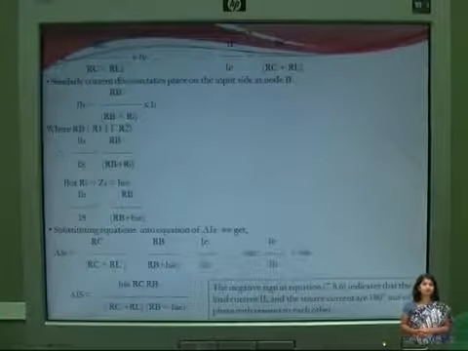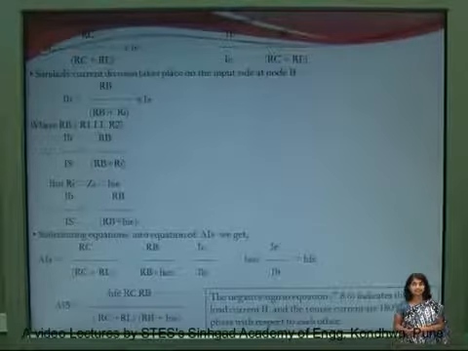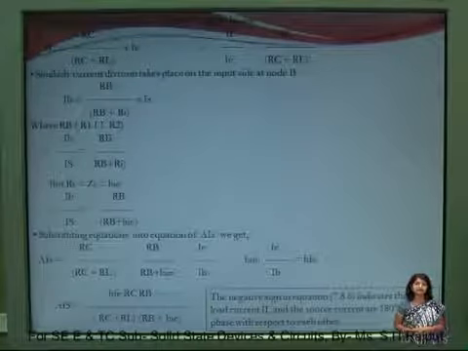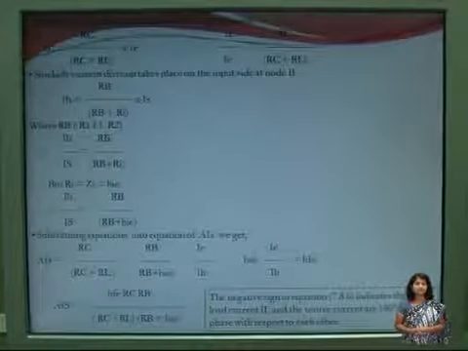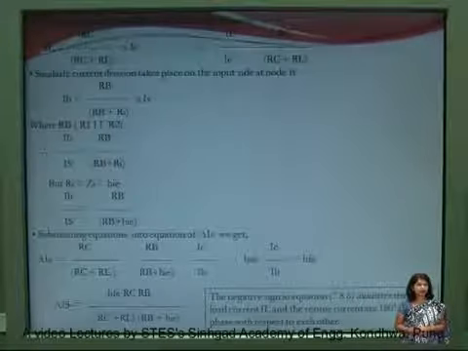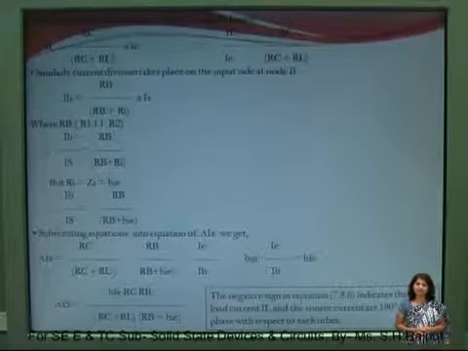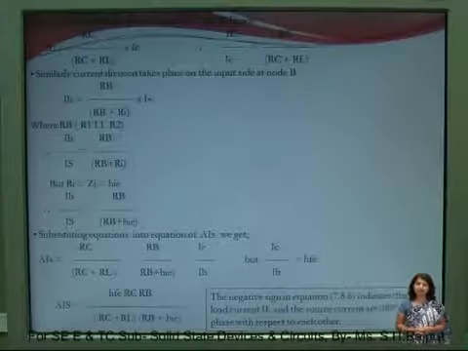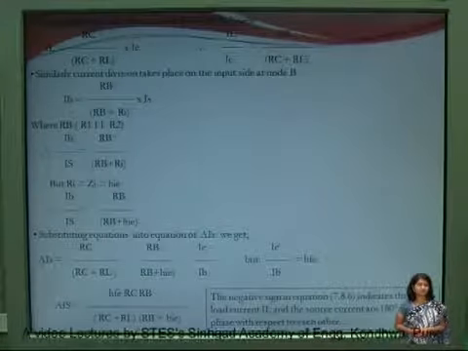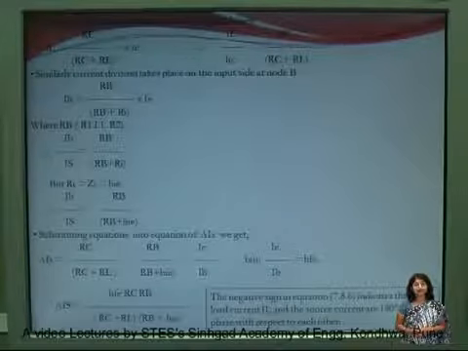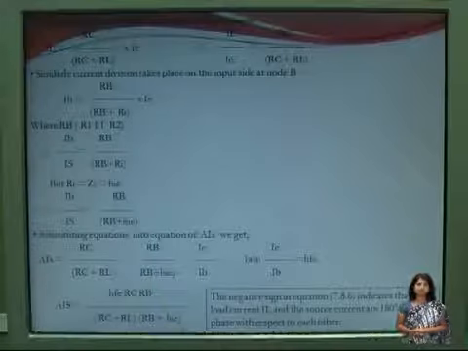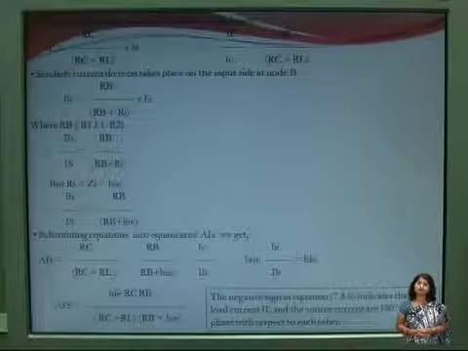Now substituting all these equations in AIS, the current gain of the circuit is equal to minus RC divided by RC plus RL into RB divided by RB plus HIE into IC by IB, but IC by IB is HFE, so AIS is equal to minus HFE into RC into RB divided by (RC plus RL) into (RB plus HIE).